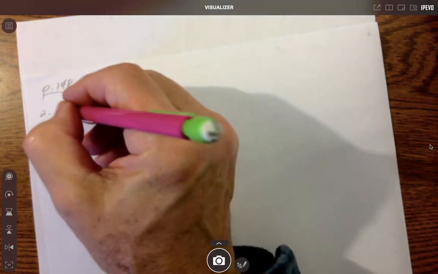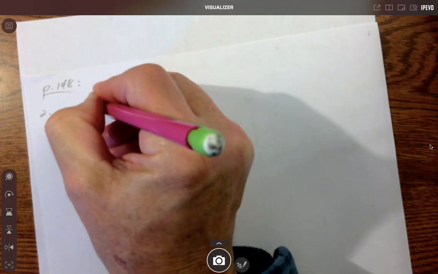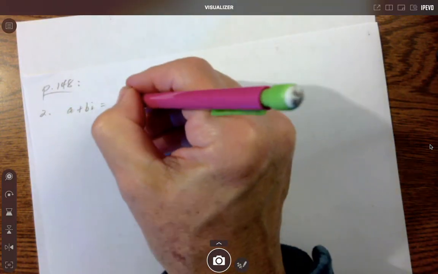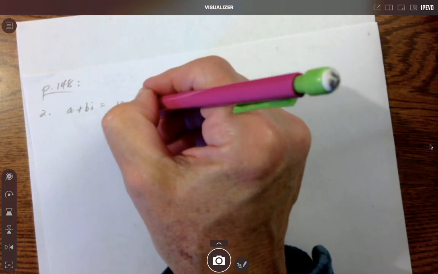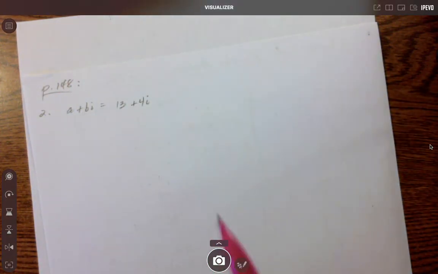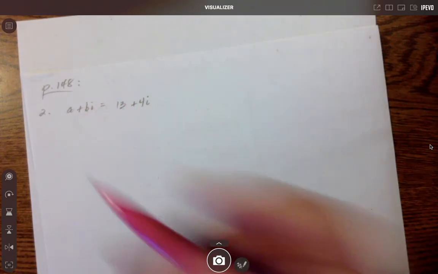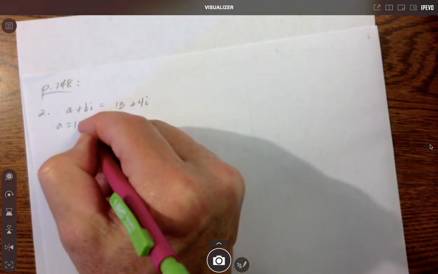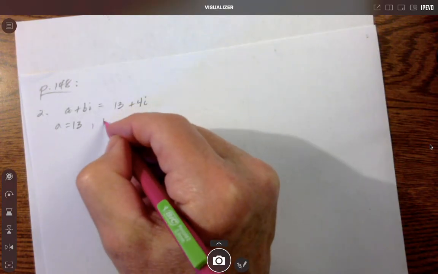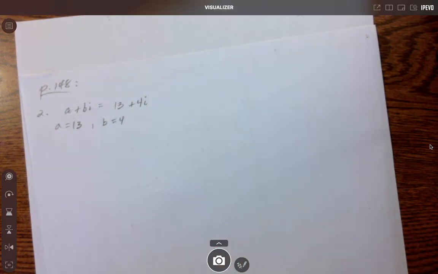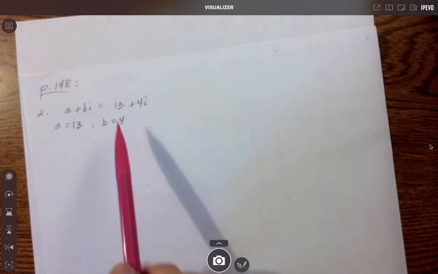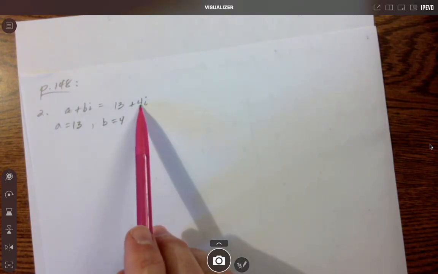So number 2 says a plus bi is equal to 13 plus 4i. All right, so find real numbers a and b. Well, obviously a is 13 and b is 4, right? So you just say a is 13 and b is 4, right? So 4 is your imaginary part and 13 is your real part.